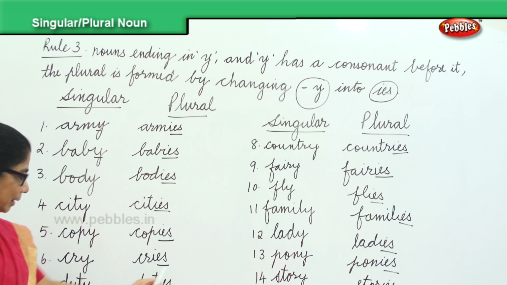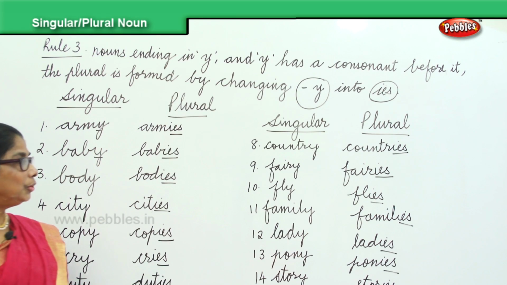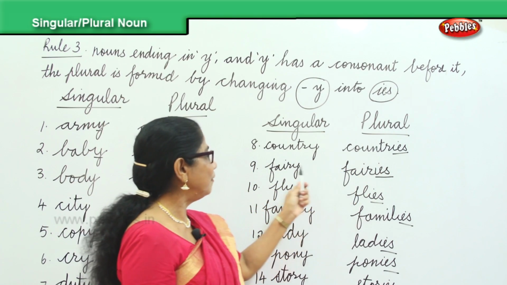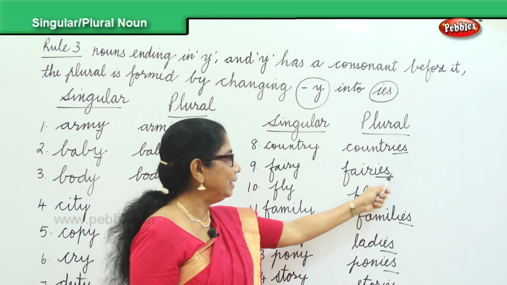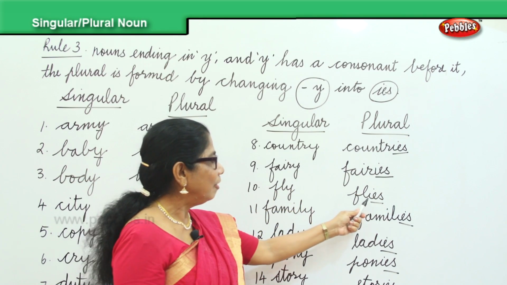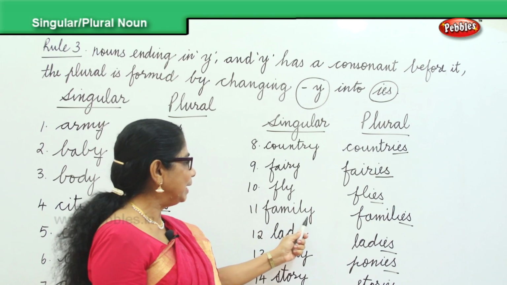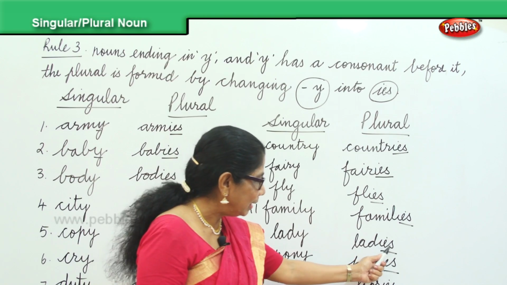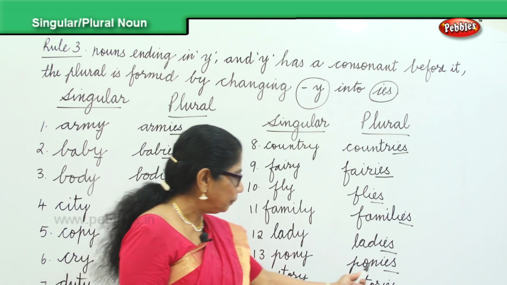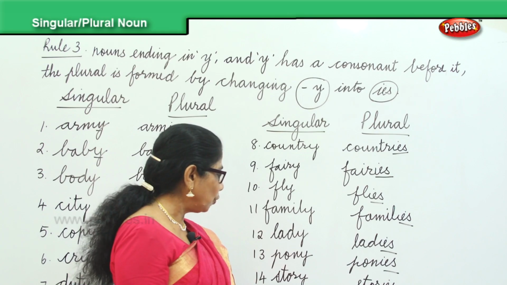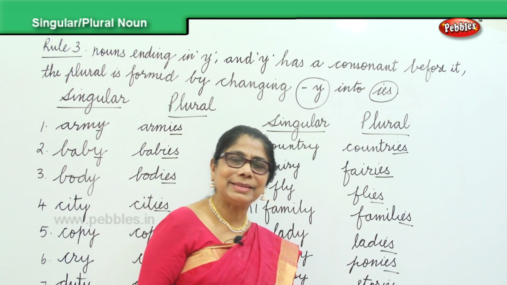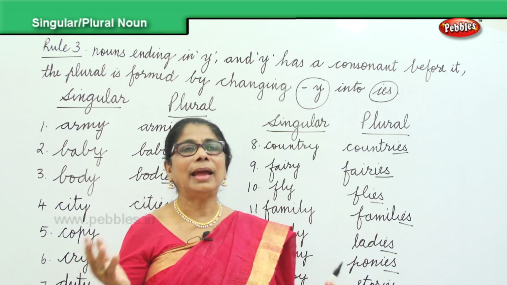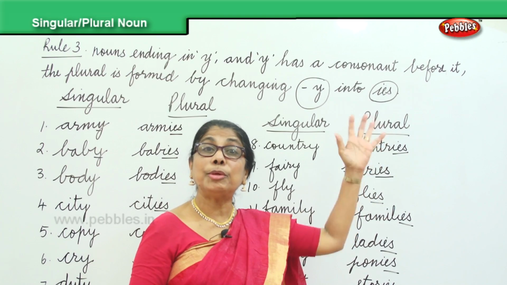Cry, cries. Duty, duties. Country, countries. Ferry, ferries. Fly, flies. Family, families. Lady, ladies. Pony, ponies. Story, stories.